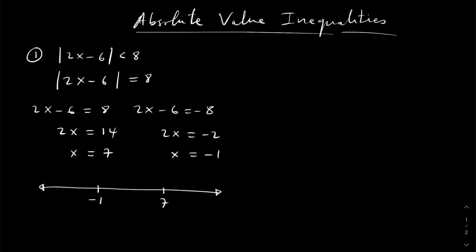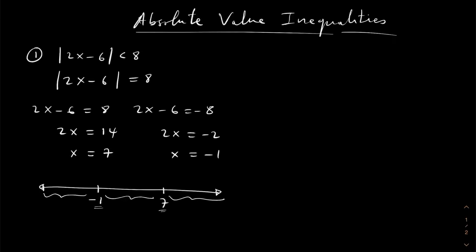Then the next thing you need to do is check each of those regions to see if they satisfy your original problem. Because an inequality problem is all about dividing the number line into pieces and then figuring out which piece actually works for your problem. By solving the equality version of this problem, you find the boundaries of all your regions, and after that, you get to decide which region actually works for you.